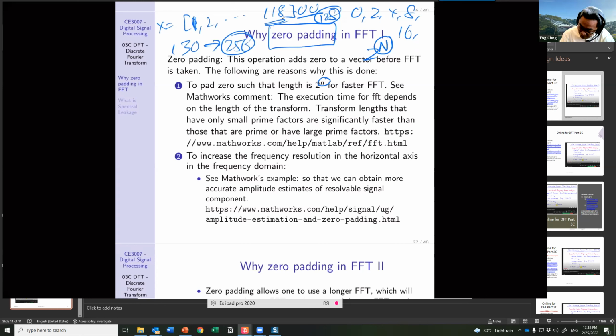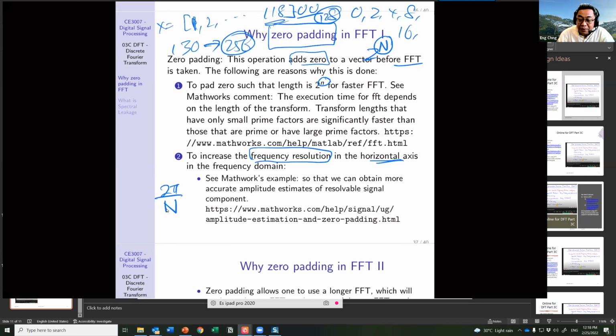Now we zero pad, adding zeros, so that we can perform a faster version of FFT. The other reason is that we increase the frequency resolution on the horizontal axis. Remember, we are dividing the horizontal axis of the Fourier transform by n.